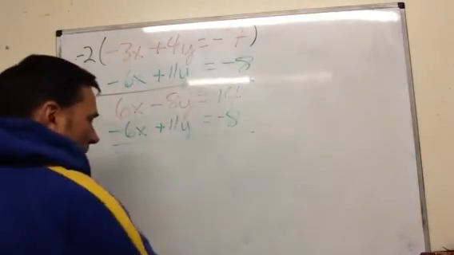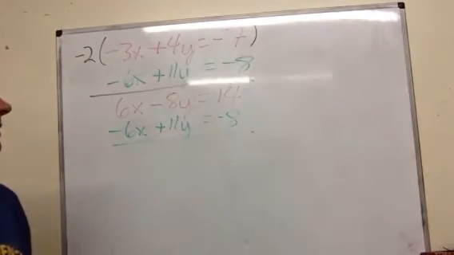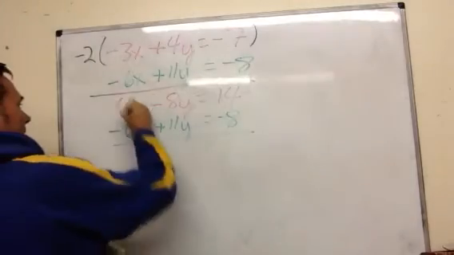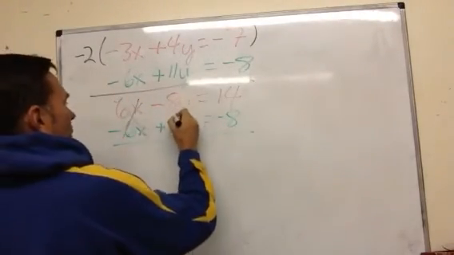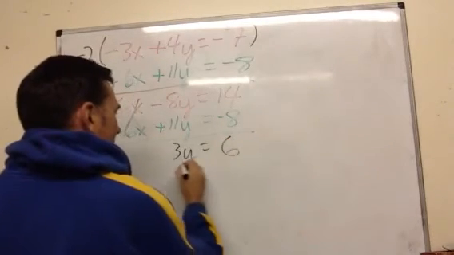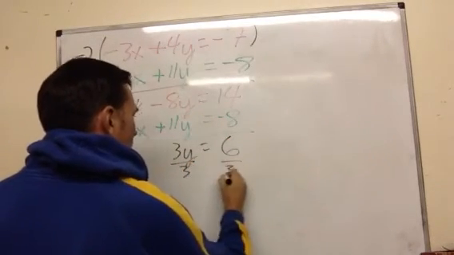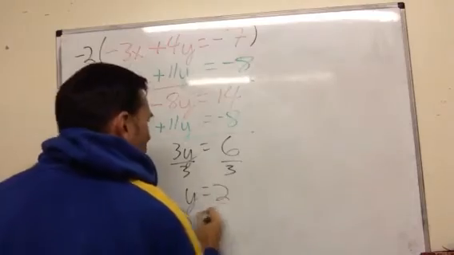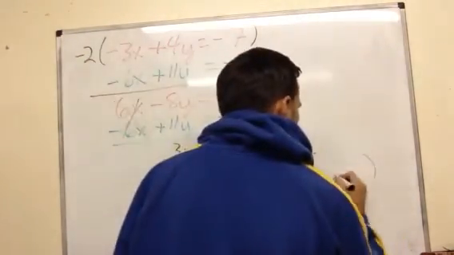From here, we can add down. These x's cancel. Negative 8y plus 11y is 3y. 14 and negative 8 is 6. Divide by 3. And we get y equals 2.